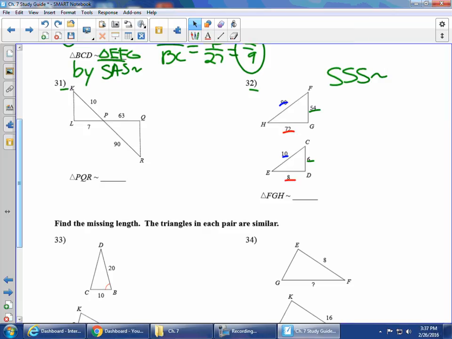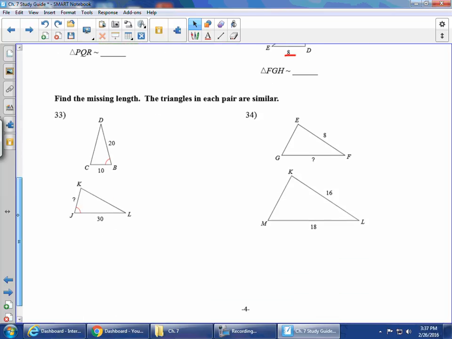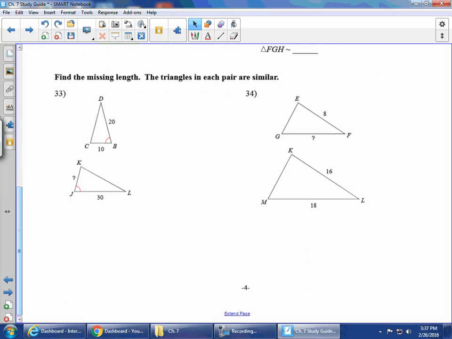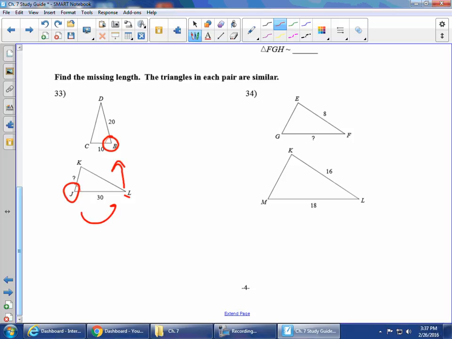Okay? Moving on, find the missing length. Same deal. Write a proportion, set it up, solve. So like 33, this part here is letting you orient your triangle so you know that this has got to rotate around, stand up. L is going to match up with D, so it'll look something like this. I say again, write it out, same shape.